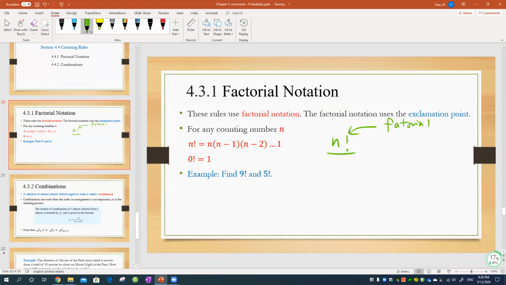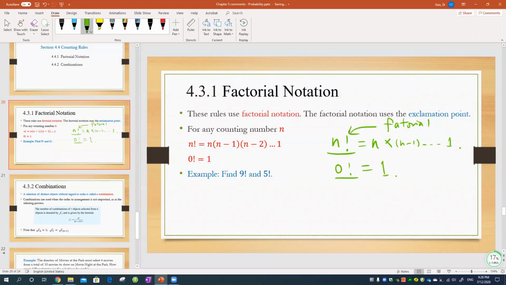So n factorial equals, starting from the integer n, times one less, which is n minus 1, and then down to 1. And then we have a special defined term, 0 factorial. We define that to be 1.